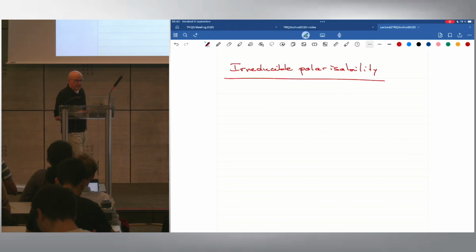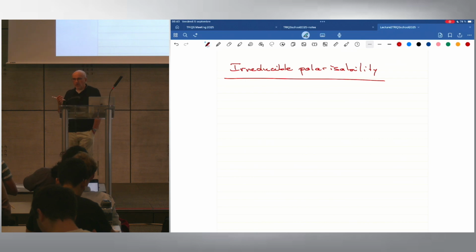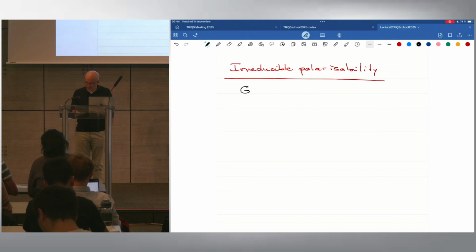Well, you can view it as playing the same role as what the self-energy does for the Green's function. So when you have an interacting Green's function G, we can define a self-energy from G minus 1 equal to the bare Green's function minus sigma. This is the Dyson equation, right?